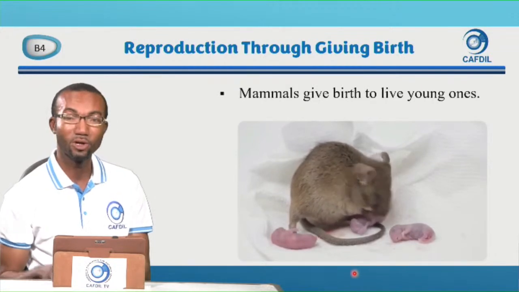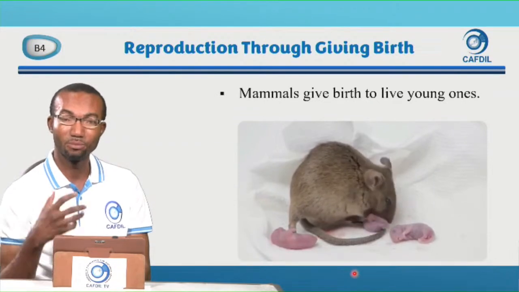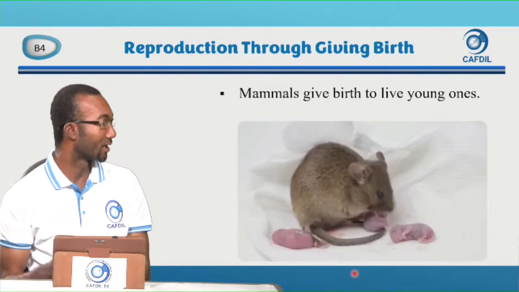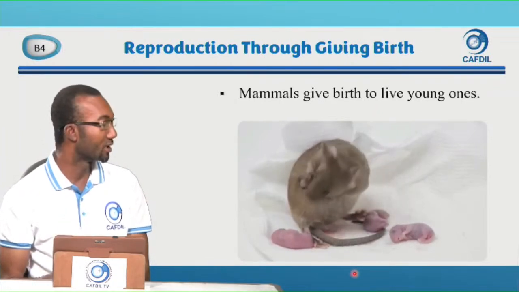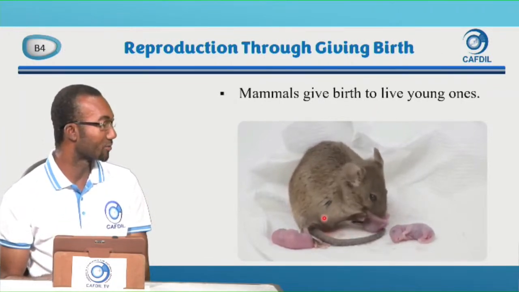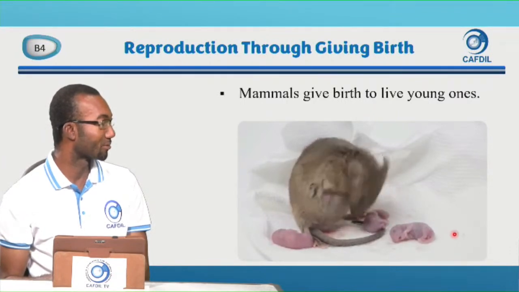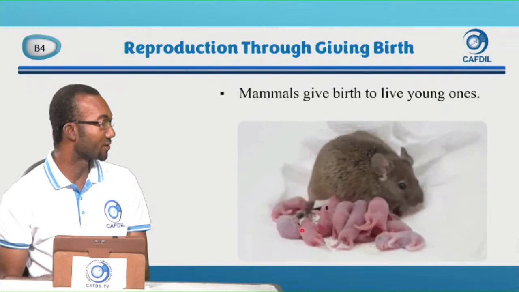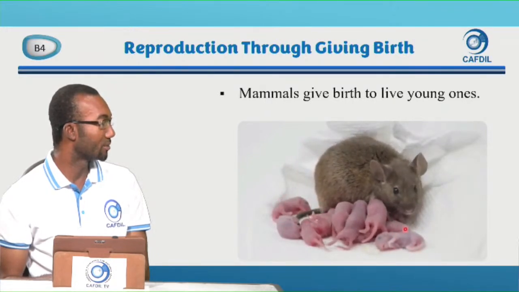When we are born as humans, at the hospital they will give us a bath. The hospital officials or the nurses will bath the newborn baby. But animals, they can't bath them, so they normally lick all the liquid, all the blood from the newborn babies. Just look, the mouse has given birth to plenty babies.